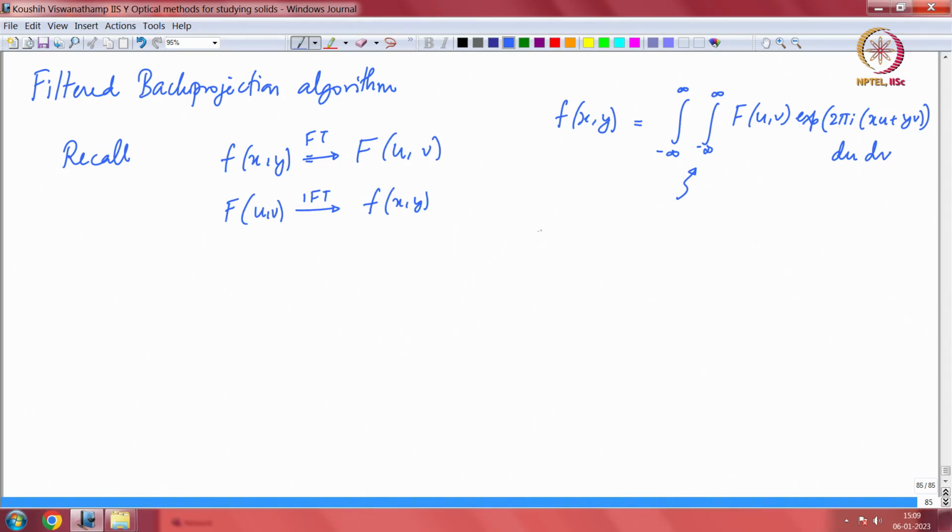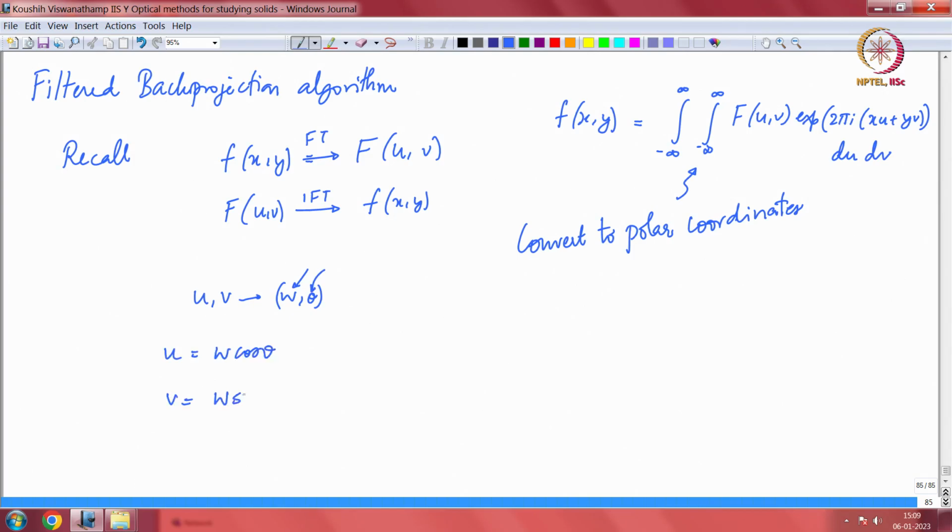So, let us start by converting this to polar coordinates. You basically convert u comma v to w comma theta just like we had before. W is like a radial coordinate and theta is like an angular coordinate, but this is in frequency space. So, your u will be w cos theta and v will be w sin theta.